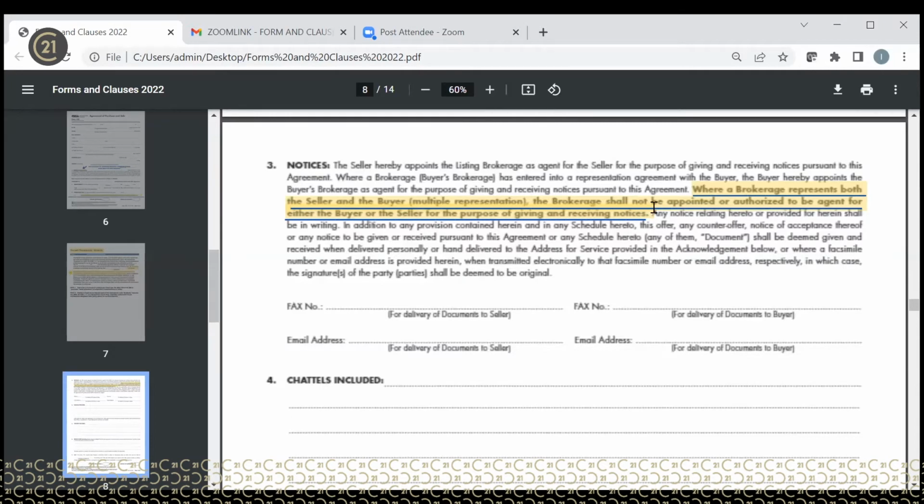You at that point have to have both clients' email addresses, or be able to go out and physically get acknowledgements and signatures from the buyer and the seller, especially when giving notices of fulfillment, etc. Please make sure that you're aware that you're not allowed to accept or sign those acknowledgements.